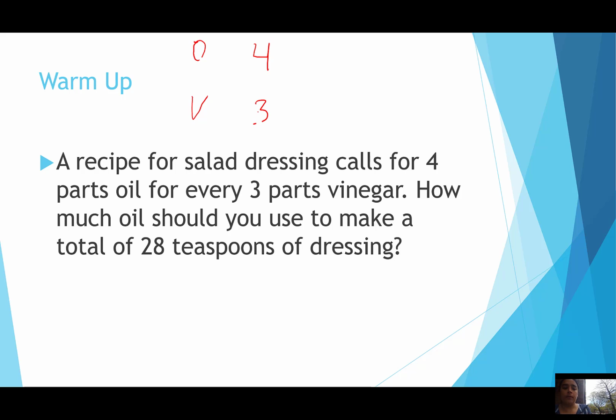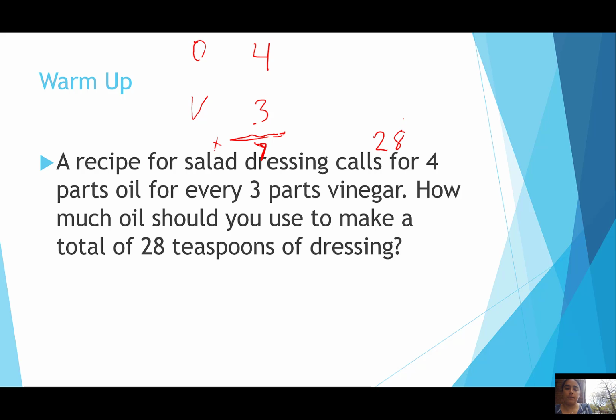And that is a total of 7 parts for this dressing. Okay? But I want the total to be 28 instead. So I want to think about it. How can I get from 7 to 28?